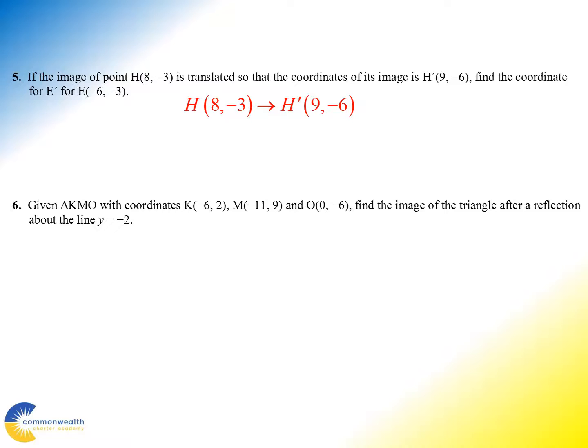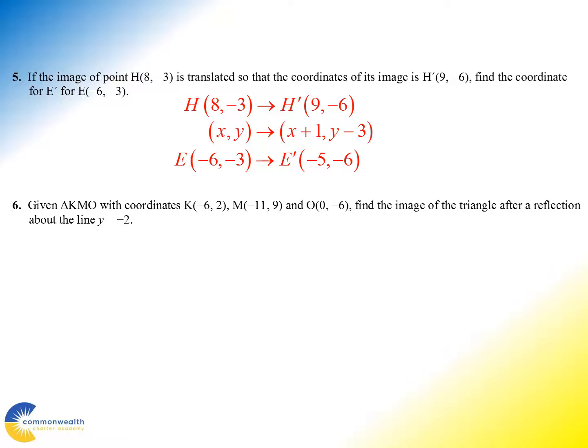When I go from H to H prime, I can see that my x's got added by 1 and my y's got subtracted by 3. So that's the translation rule that tells me how I went from H to H prime. If I'm going to be using the same translation rule for E and E prime, if E is at negative 6, negative 3, and I apply that rule, if I add 1 to negative 6, I get negative 5. I subtract 3 from negative 3, I get negative 6. So the image of E would be at negative 5, negative 6.